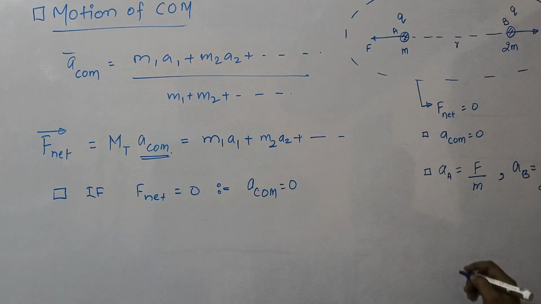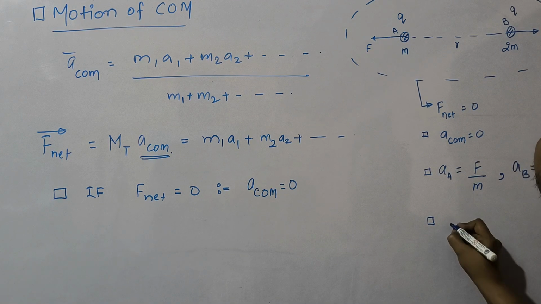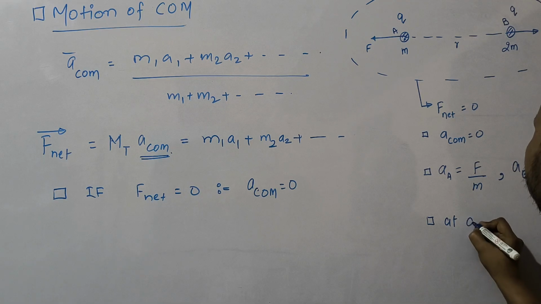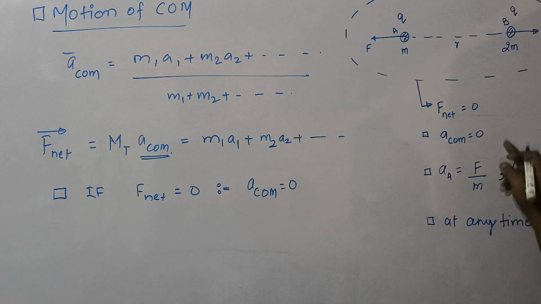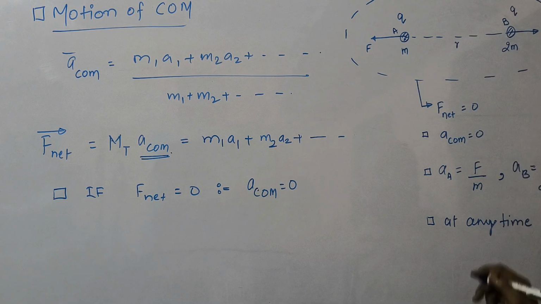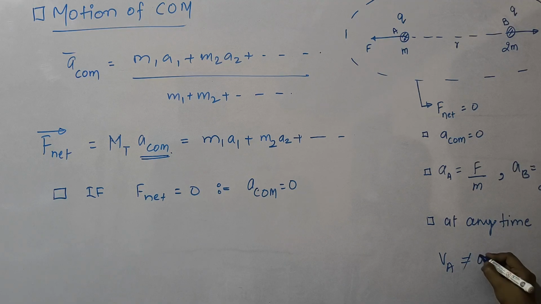So if I want to write the velocity at any time t, then Va will not be equal to 0, and Vb will also not be equal to 0.